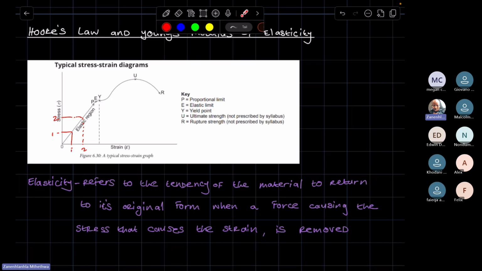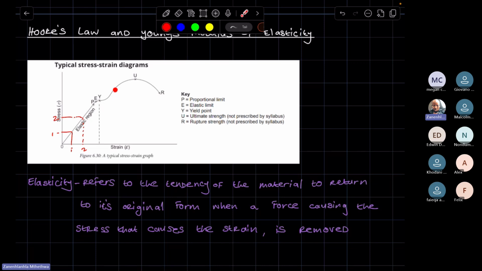If you look at just the parts that I've marked here, if the stress increases, the strain increases as well. Again, the stress increases, the strain increases as well. That means that the stress in this part of the graph is directly proportional to the strain. Why? As the stress increases, the strain increases as well. Do you see that? Yes, I do. So that only is satisfied in the straight part of the graph.